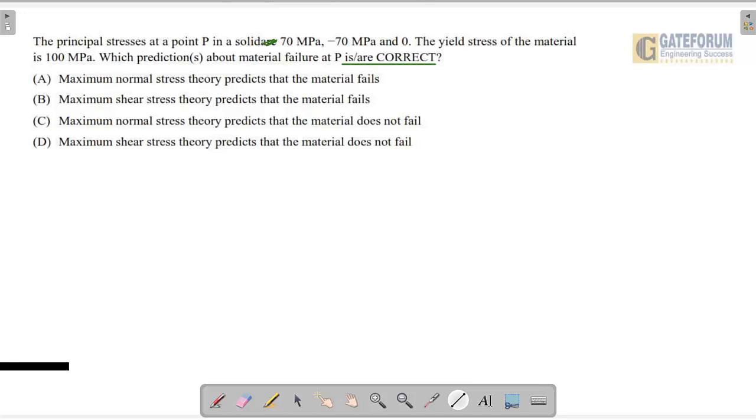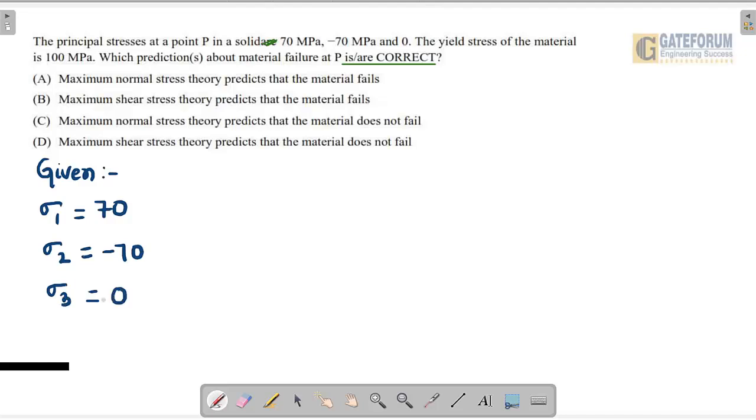First of all, we are going to write the given part. Sigma 1 is equal to 70, sigma 2 is equal to minus 70, and sigma 3 is equal to 0. The yield stress Syt is given to us as 100.